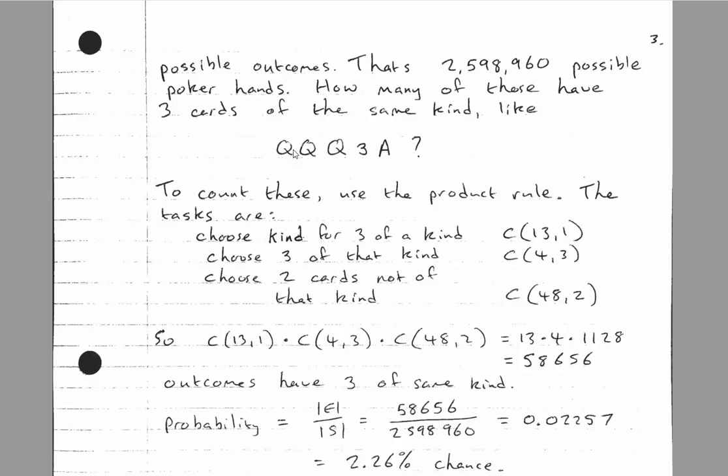Well, first, here we have queens, but there are 13 different possible kinds. We could write it C(13, 1), but it's 13 different ways to choose the kind of the 3 of a kind.